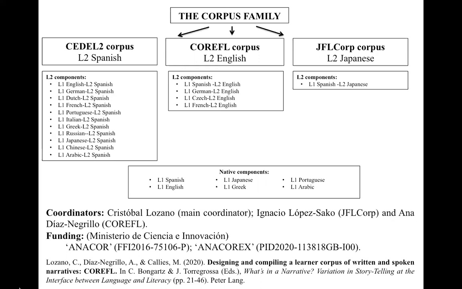Along with the collection of the learner corpora, we use the data we collected to investigate how anaphora resolution is acquired by language learners. In the first project, we only looked at corpus data, and in the second project, we're looking at corpus data and also experimental data. That's what X is part of the name in the second project.